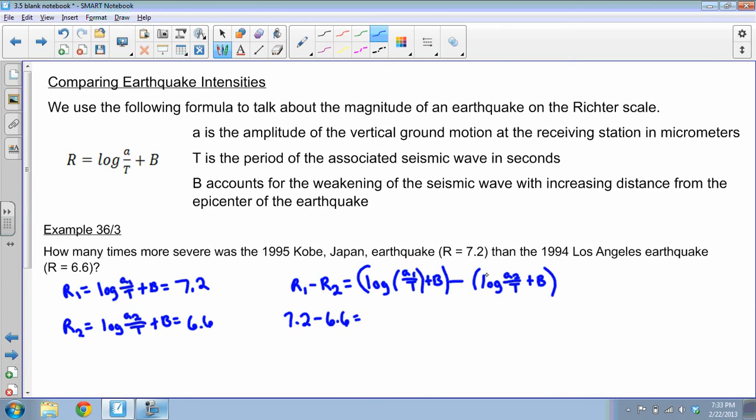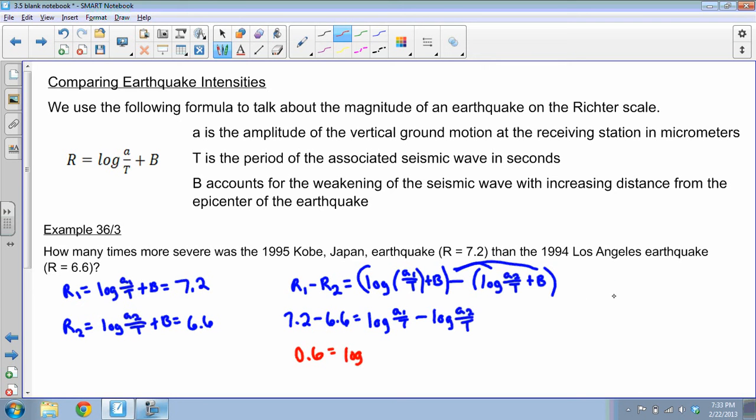If I distribute this negative, it gives me log of A1 over T, and this plus B is going to cancel out with this B because it ends up being a minus, so minus log of A2 over T. Then 7.2 minus 6.6 is 0.6, and I'm going to combine these logarithms and condense this into one thing.